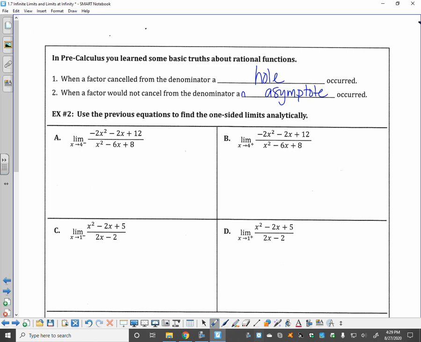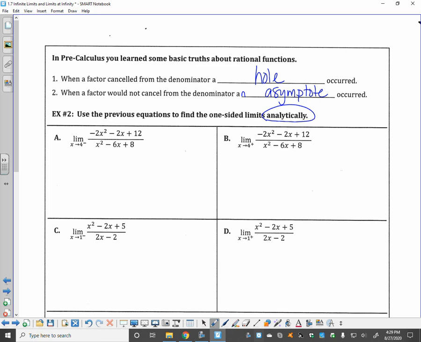Use the previous equations to find the one-sided limits analytically. So these are the functions from the front side, but they're asking us to find these limits analytically, so no graph. I already know what all the answers are. It's on the front of this paper, but I need to find it analytically.